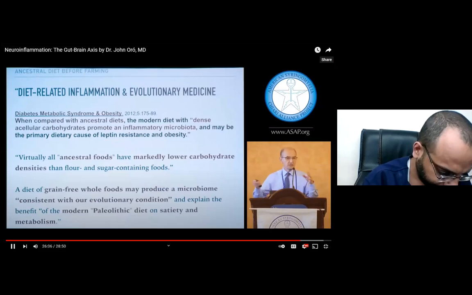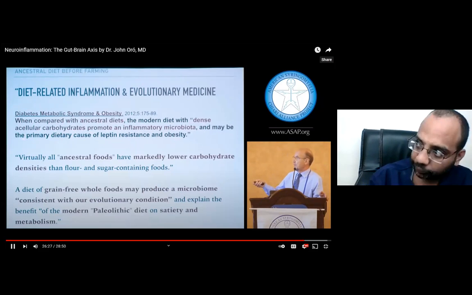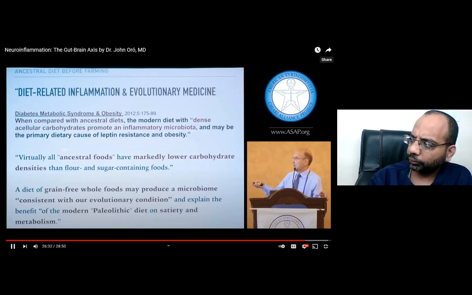Now, you might say, okay, this is all out in the public and fad and all this and that. But we've got a journal, Diabetes, Metabolic Syndrome and Obesity, saying that when compared to ancestral diets, the modern diet with dense acellular carbohydrates promotes an inflammatory microbiome and may be the primary cause for, in particular, obesity.